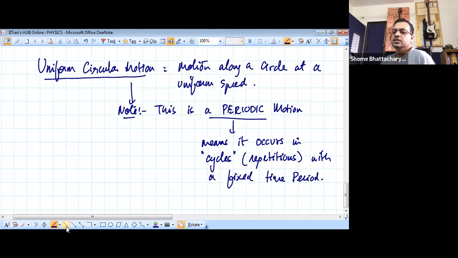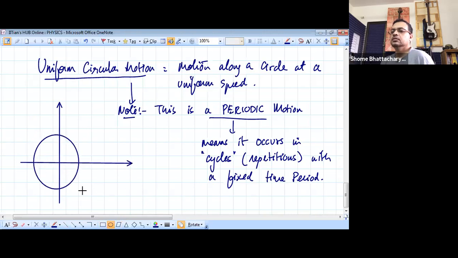So that's easy to understand why that happens, because what is happening is if a particle is moving along a circle at a constant speed.